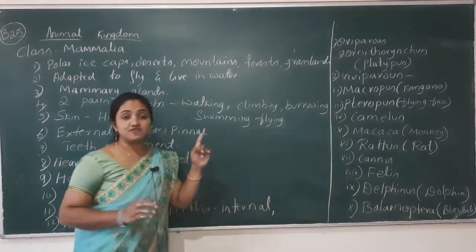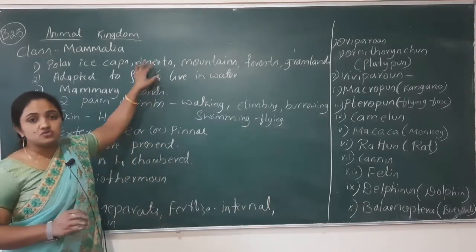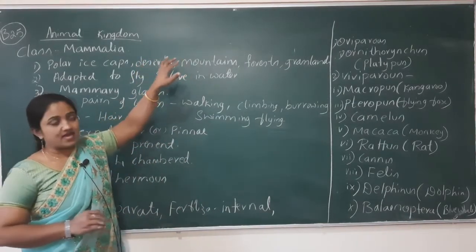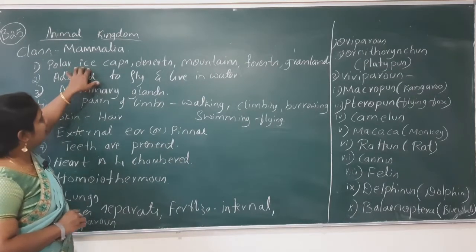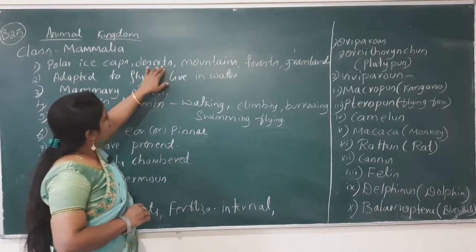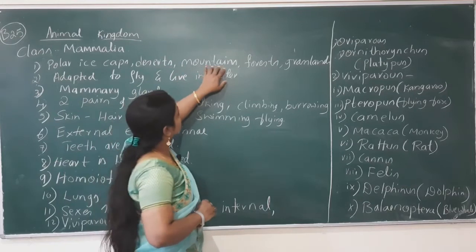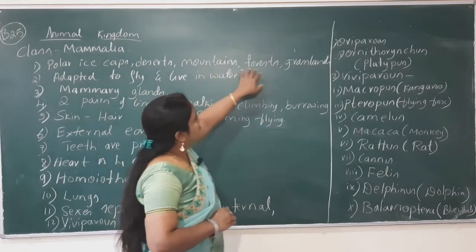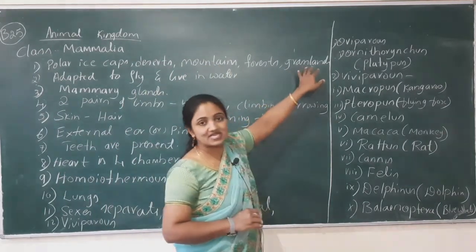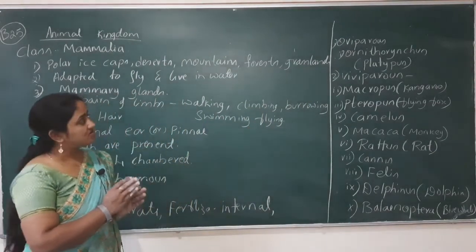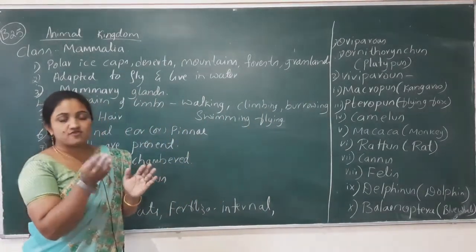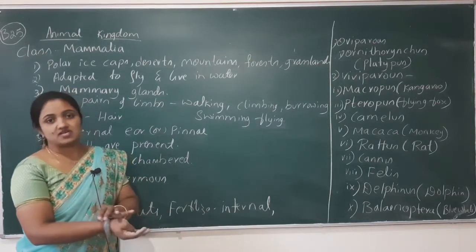These different kinds of animals live in different habitats. Some of them live in polar ice, in deserts. Some of them live in mountains, forest, grassland, and caves and burrows. Number of habitats are there.